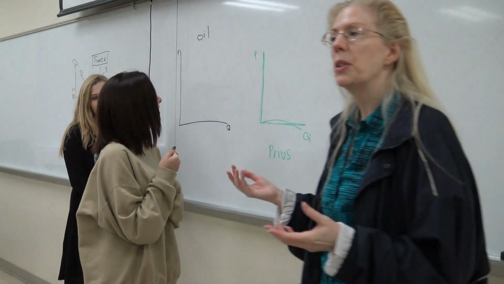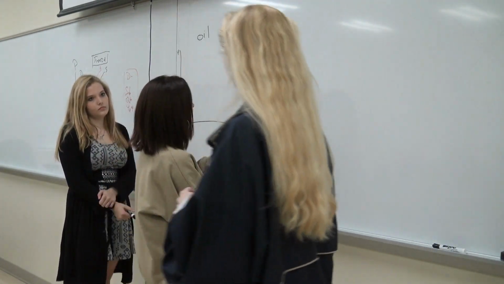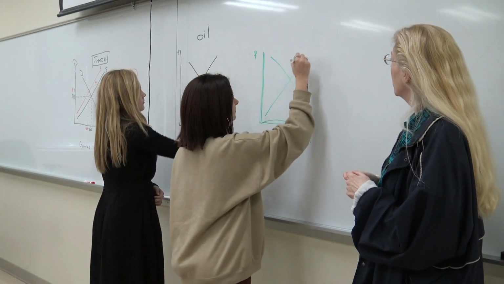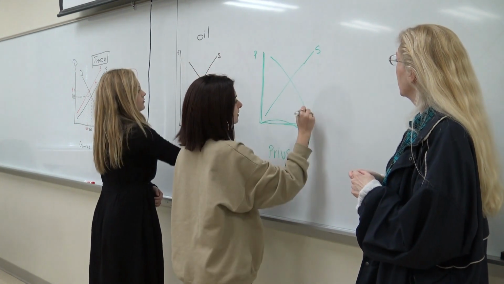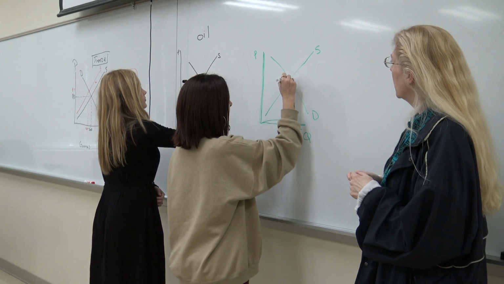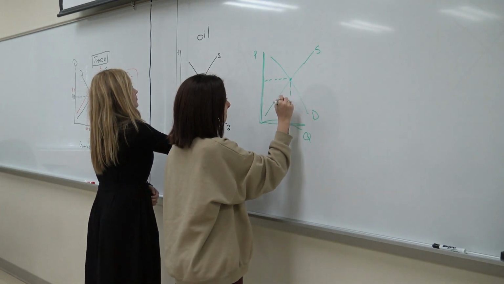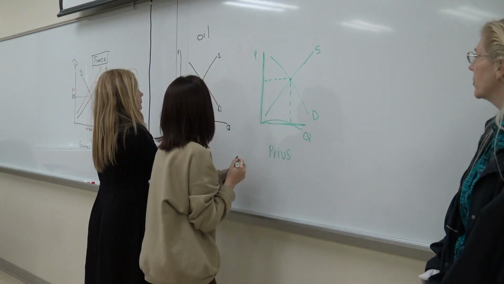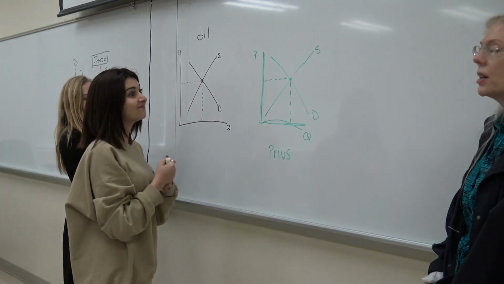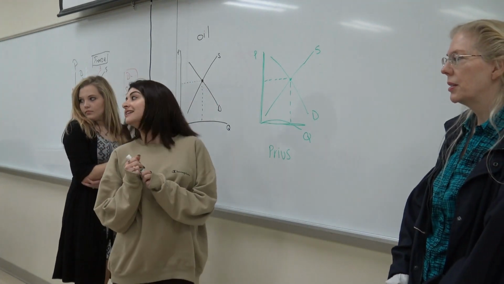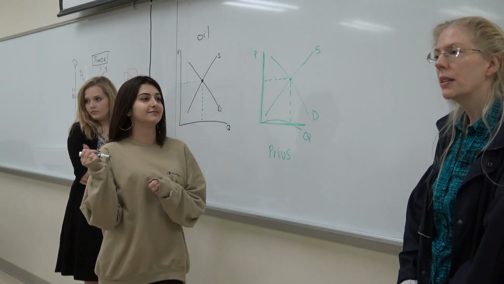All right, now we need equilibriums in both of these. What should our prices be? What's the price of a Prius? Let's go 25,000.